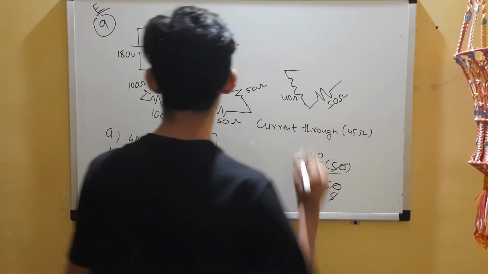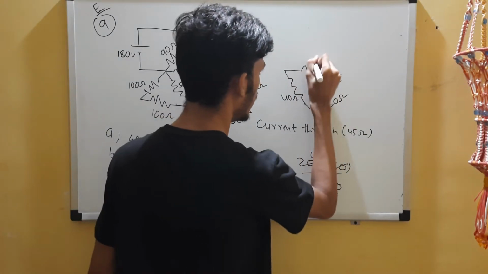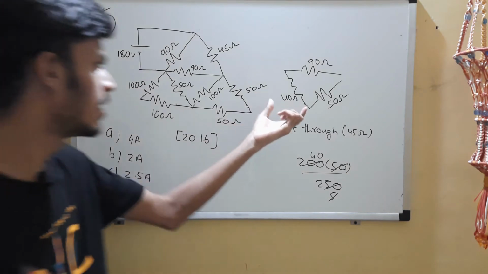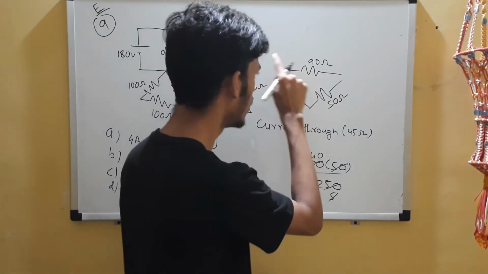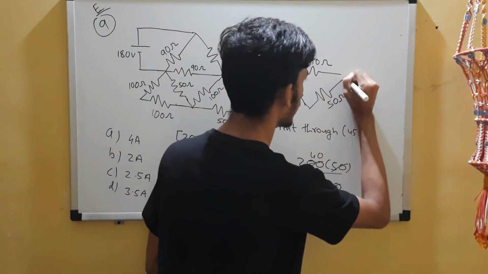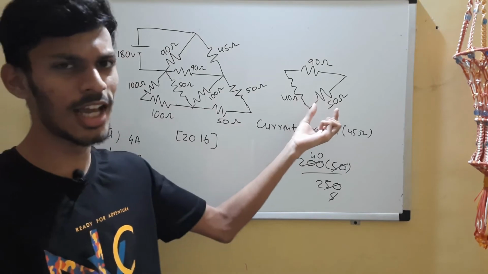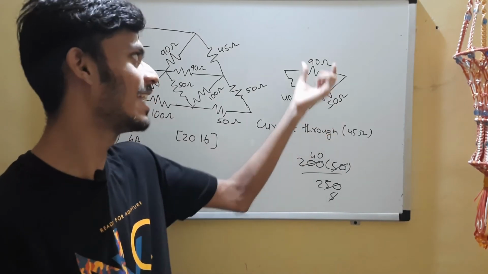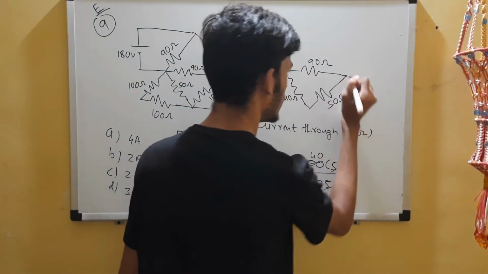Other things have not changed. Here we still have 90 ohms and the circuit above remains the same. Here you can see that this 40 and 50 are in series combination. If there is a current from here, same current will pass through both, so they are in series combination. So just add them. 40 plus 50, 90, and 90 and 90 again in parallel combination, connected across the same potential drop.